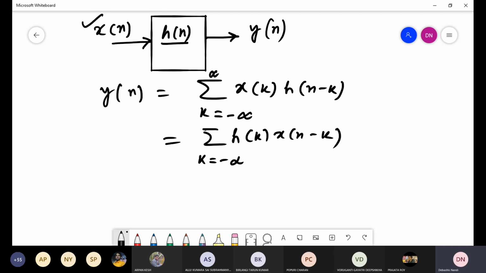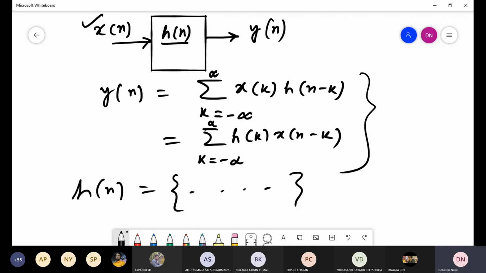Here h[n] will be given, and x[n] will be given, and you perform this convolution operation, you will get the output for the system. Clear? This is our input-output relationship for a linear time invariant system, in terms of the impulse response. Clear?